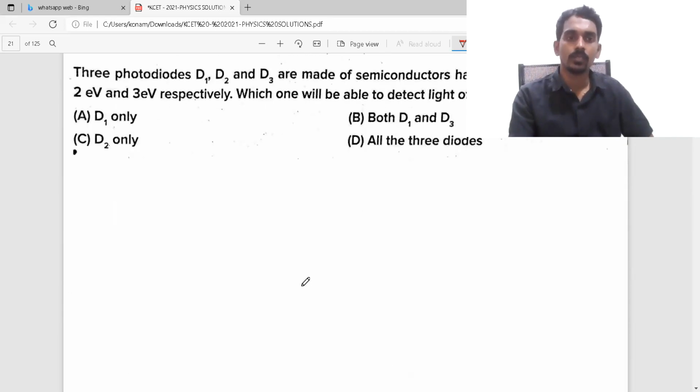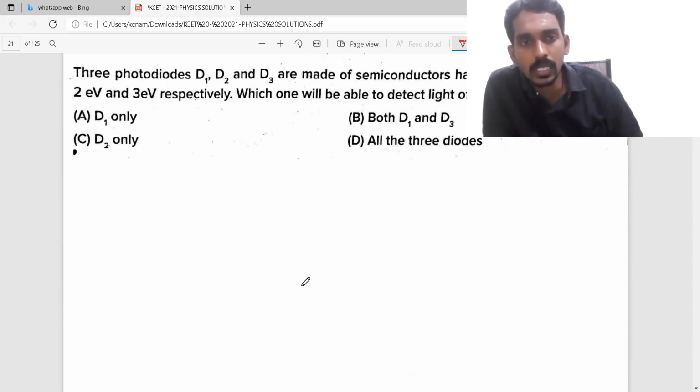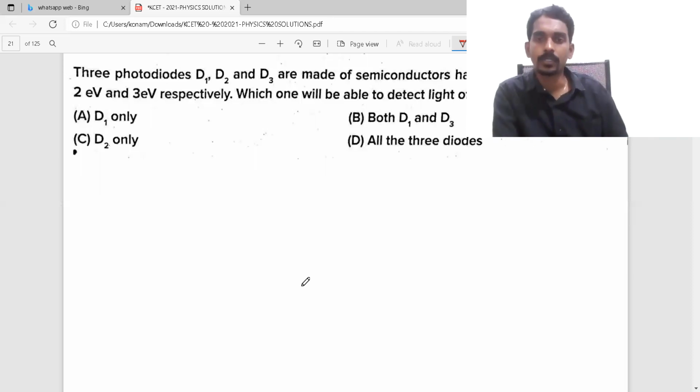Now, three photodiodes D1, D2 and D3 are made of semiconductors having band gaps of 2.5 electron volt, 2 electron volt and 3 electron volt respectively. Which one will be able to detect light of wavelength 600 nanometer?